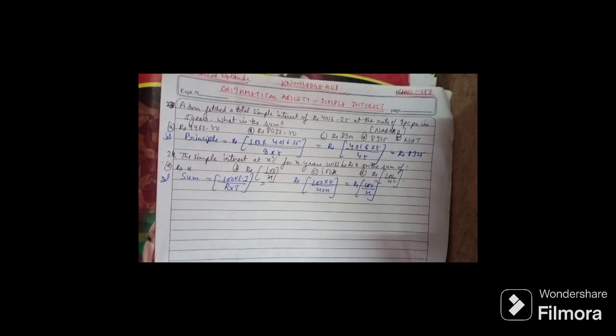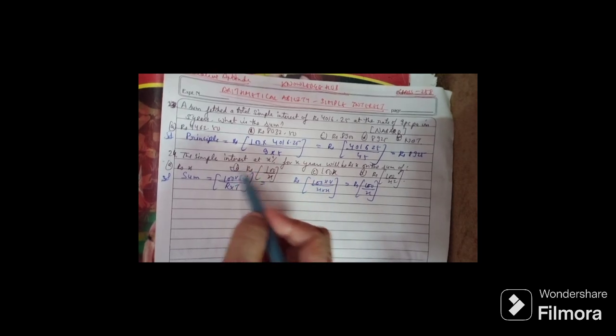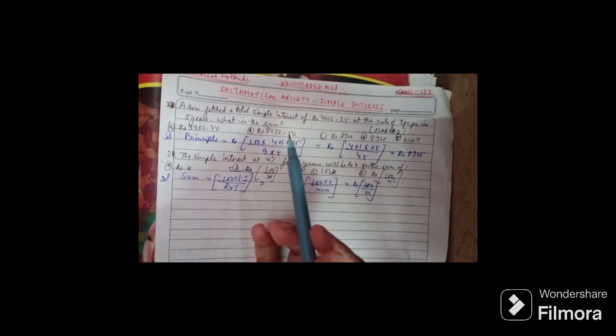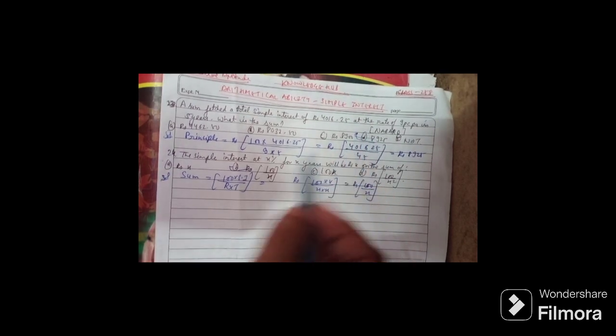That will be the right answer. So 100 upon x will be your B option, and for this case option D will be the right answer.